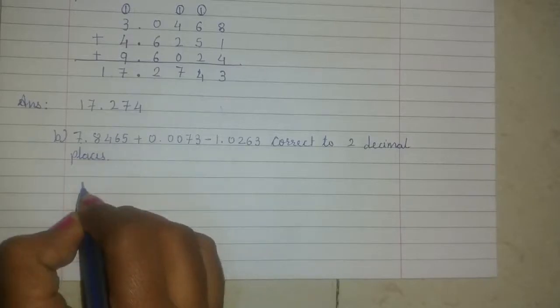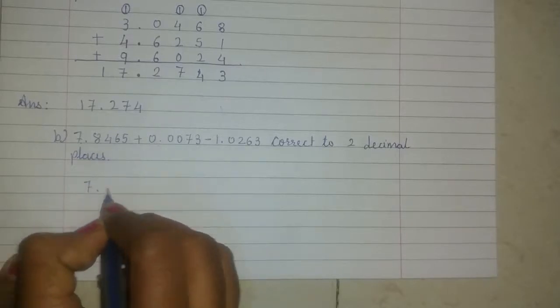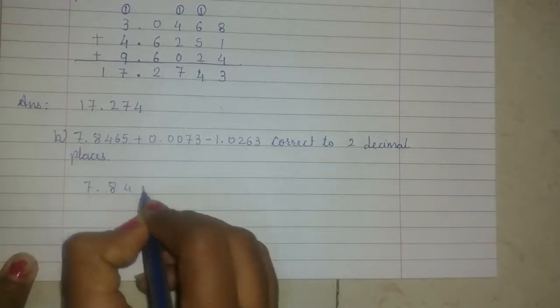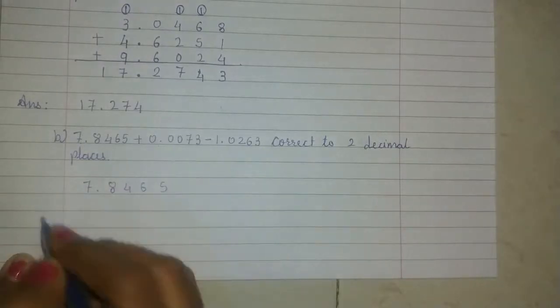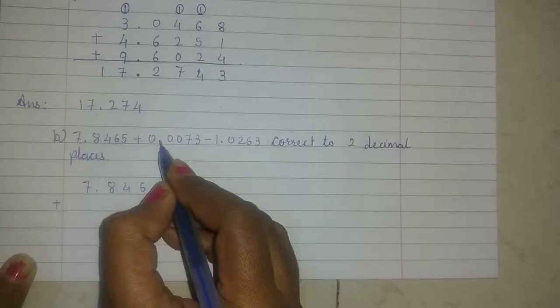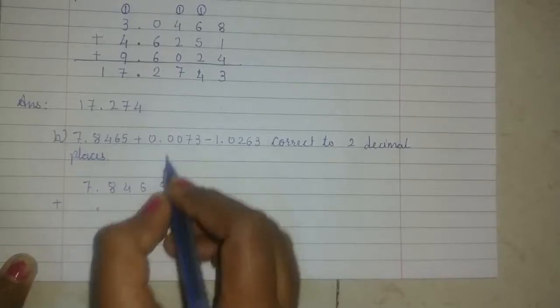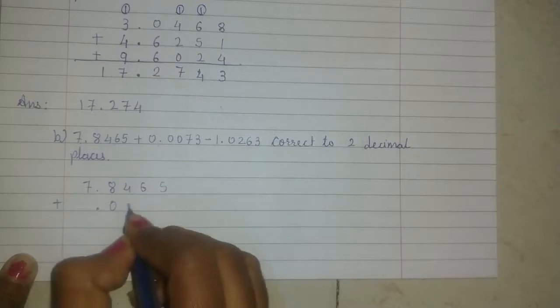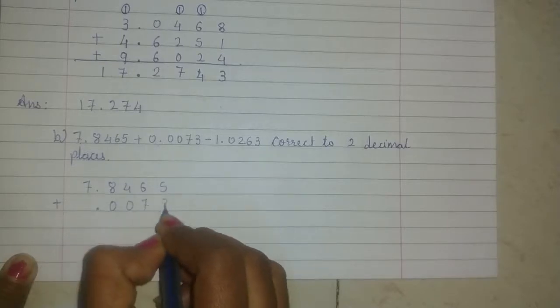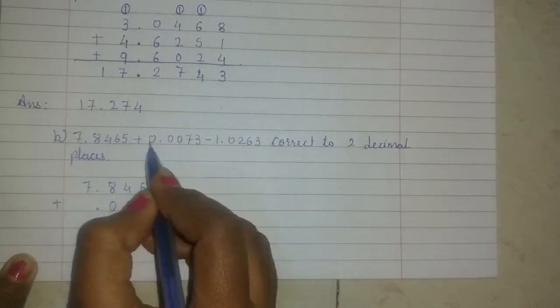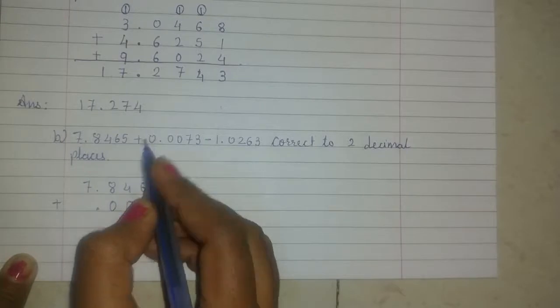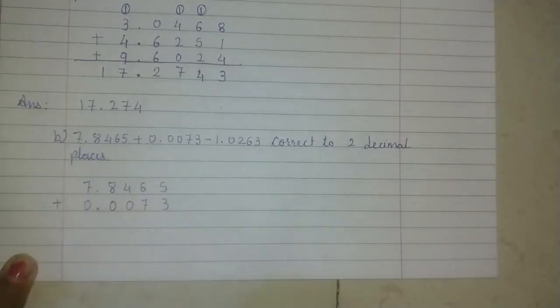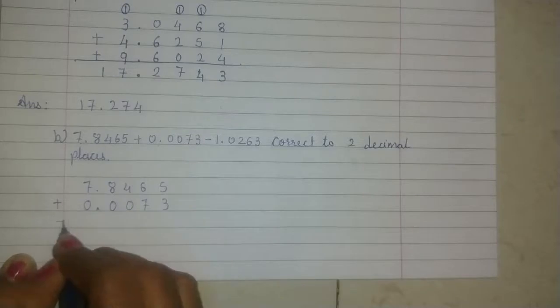So we'll write over here 7.8465 plus, here first we'll put the point and after the point what is there? 0073. So we'll write 0073, and before the point what is there? Yes, it is 0. So we'll write 0.